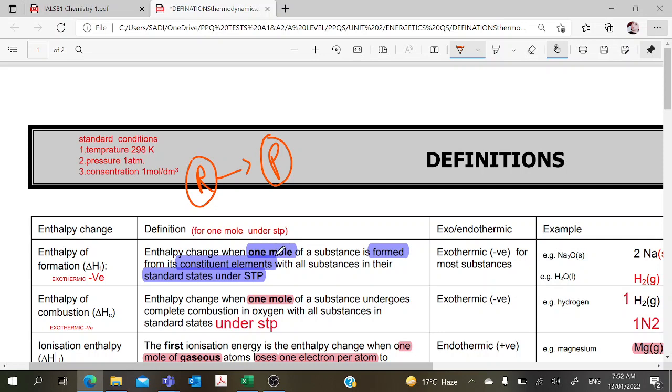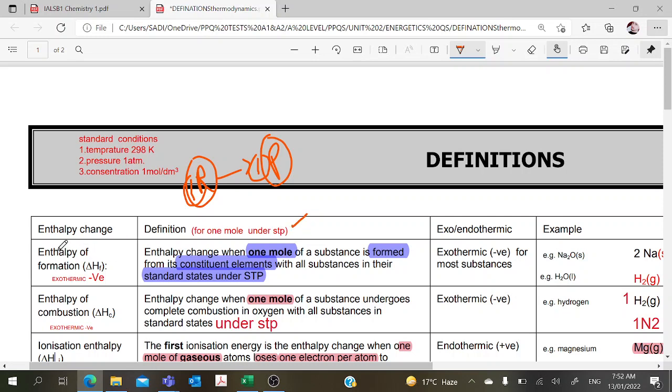And when we are working on any enthalpy, it should be for 1 mole, either of products or reactants, all the time. Here I've written for 1 mole and under these conditions.